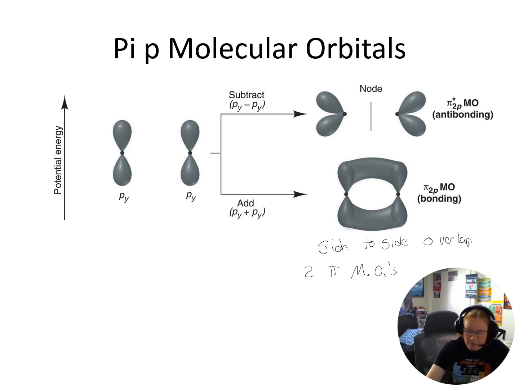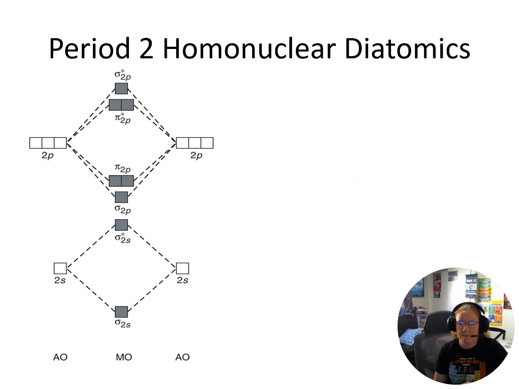So when I look at period 2, our first situation is no 2s, 2p mixing.